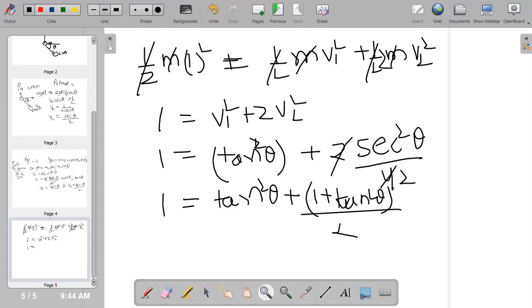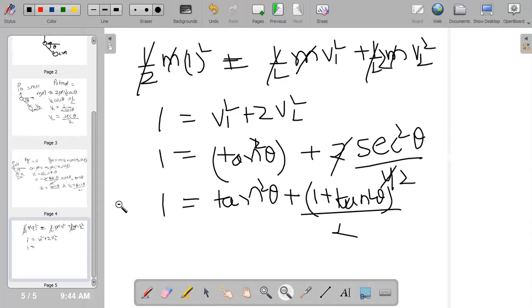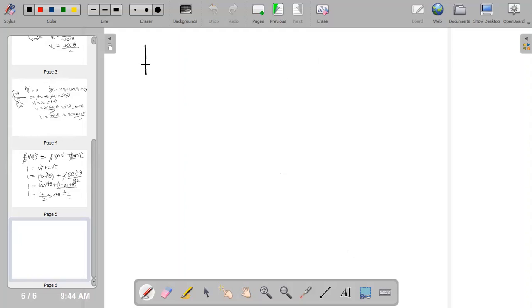So if we add tan square theta, we'll have 1 equals 3 by 2 tan square theta plus 1 by 2.